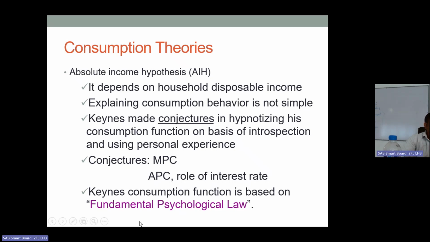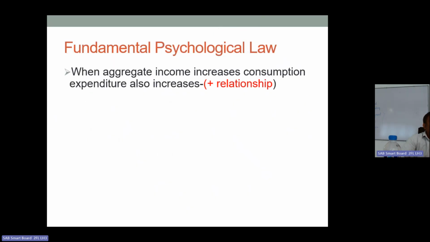Now the Keynesian consumption function mainly depends on this fundamental psychological law. That's why we say it's a fundamental psychological law, since he used his personal experience and some beliefs and assumptions to develop the consumption function. Certain things are highlighted in the fundamental psychological law.